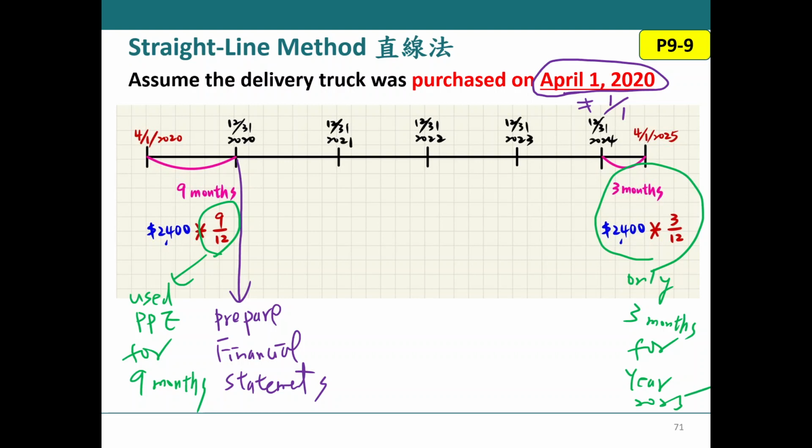Any questions? If you don't have any questions, please practice on your page 20. On page 20, we have one table. This table tells you that you purchased your PPE on April 1st. So should be very careful about the time. Time is very important.